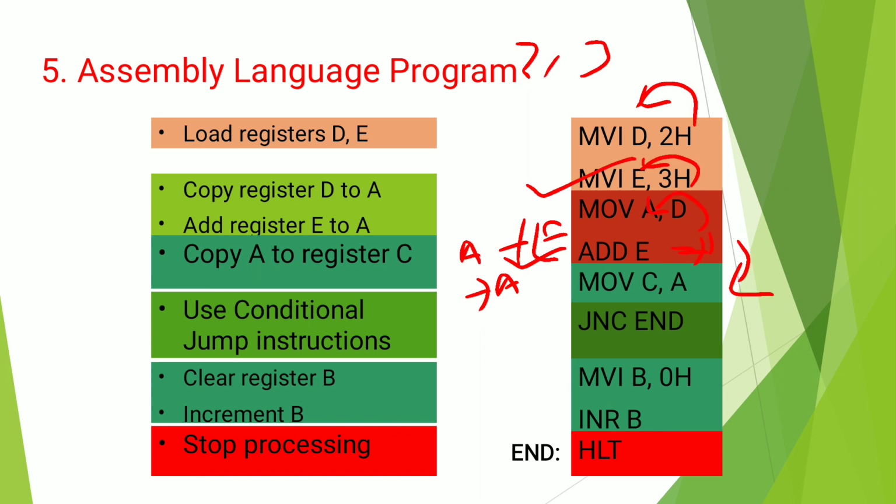Use the JNC instruction to check whether the condition is satisfied, means carry is generated or not. Here MVI B, 0. Here B is initialized with 0. If there is carry, then clear the B register and it is incremented by 1 if carry is generated. Now stop the program by using the halt instruction.